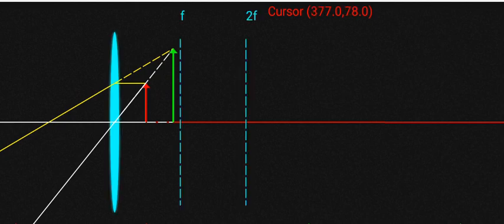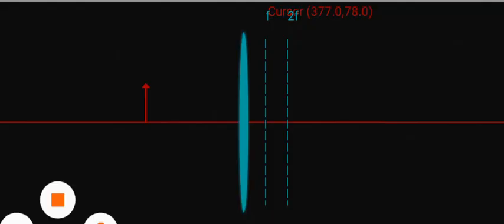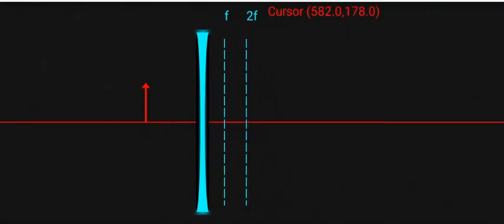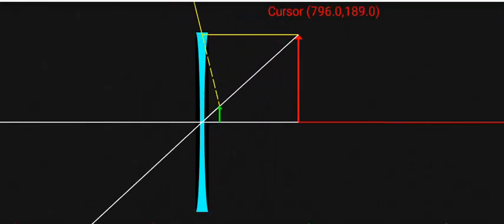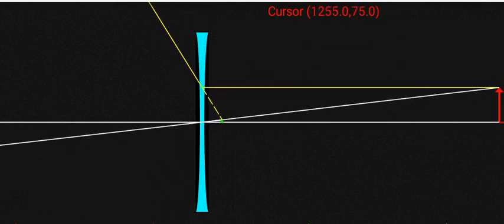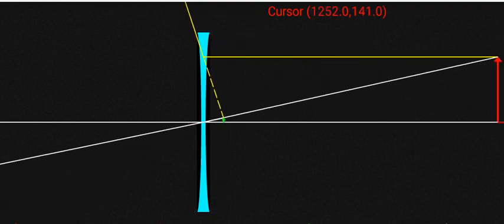Now if I take a concave lens, I can easily find out that every time it will give you a virtual image, anywhere you try to place him.